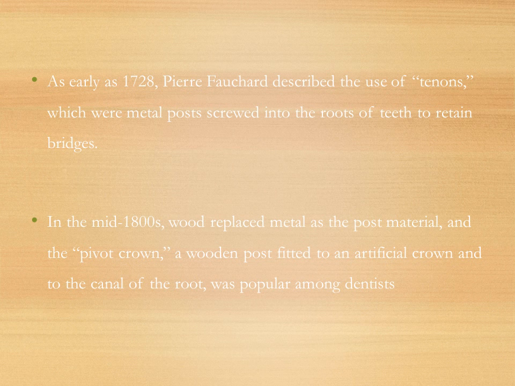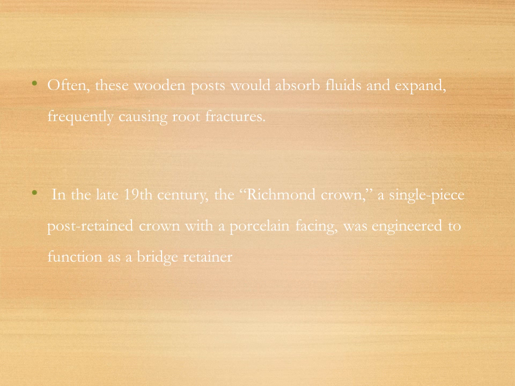Ironically, it is because of this very feature that we prefer to use wooden wedges with our matrix bands, because the wood absorbs the saliva and expands, and gives a better seal in that area and better retention to the matrix band placed in the interproximal area. That is why they got rid of the wooden posts.